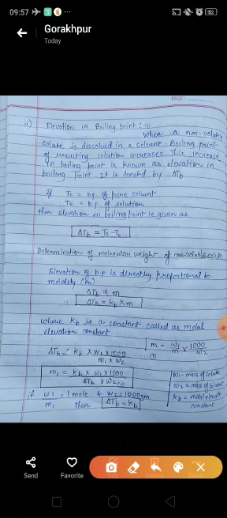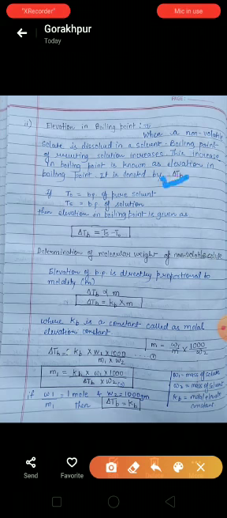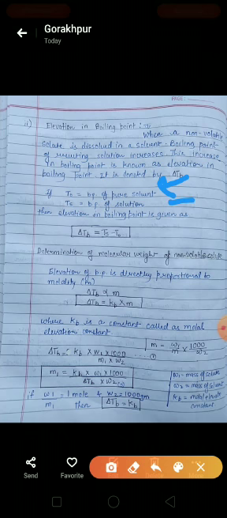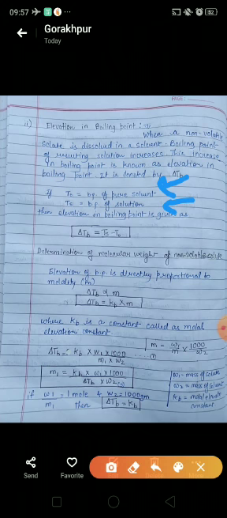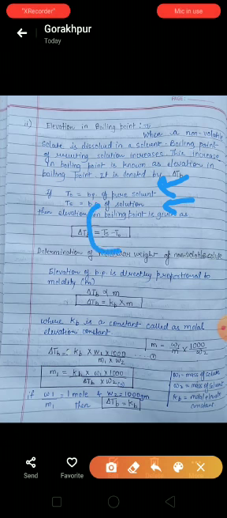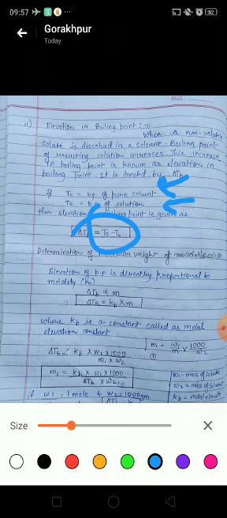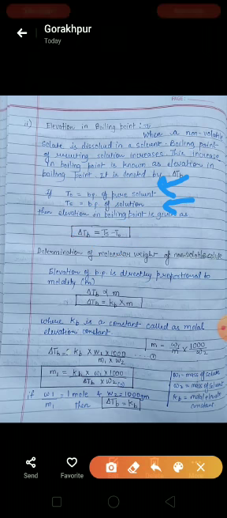So here you can see, if T0 is equal to the boiling point of pure solvent and Ts is the boiling point of solution, then elevation in boiling point is given as delta TB is equal to Ts minus T0. Why have we written Ts minus T0?